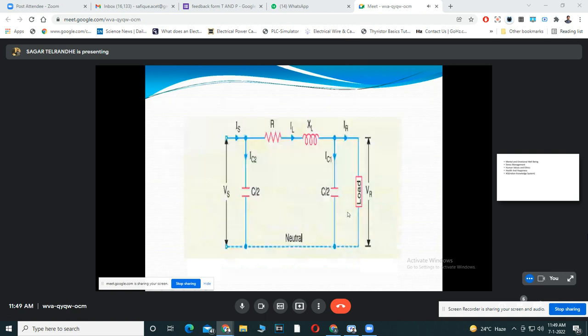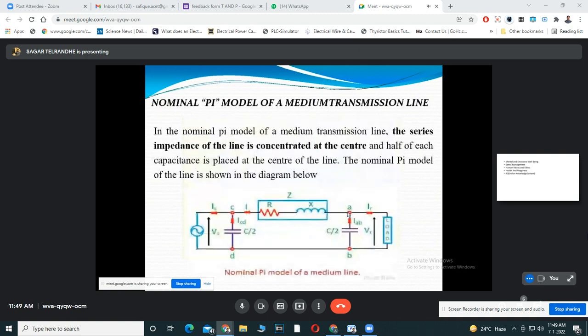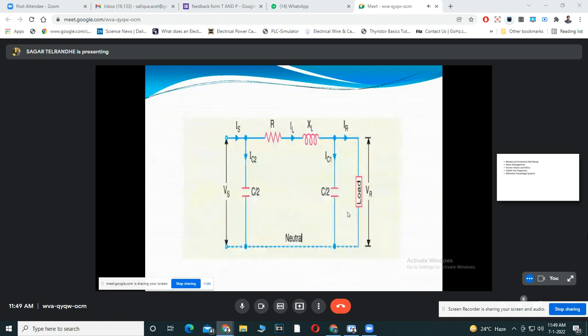The equivalent circuit of the complete transmission line in the form of the nominal pi model is represented here.